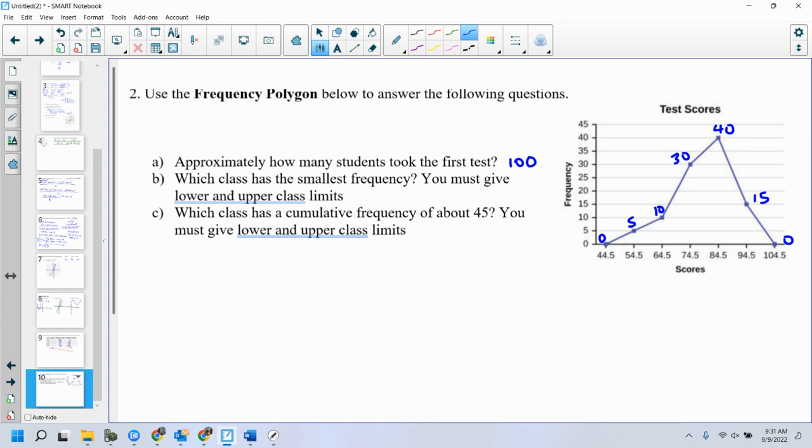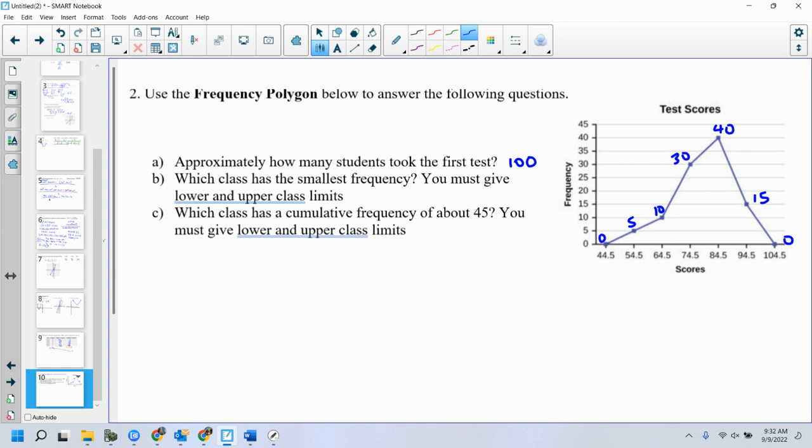Which class has the smallest frequency? This one I kind of screen captured off the book, and I didn't really think about the questions that we're going to go into. There are actually 2 places that have this frequency of 0. That's the smallest frequency. But now it's important to understand where the limits are.